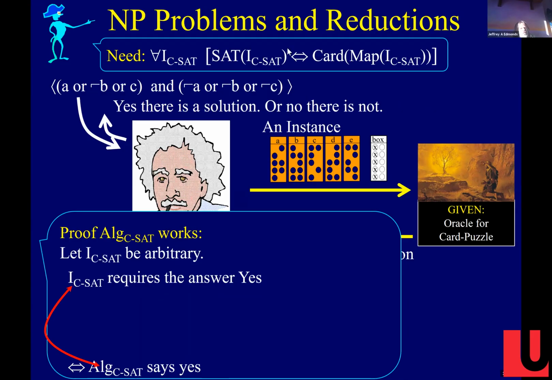You can imagine I could do a reduction where I take my bunch of clauses and map them to some really silly set of cards that are always satisfiable. They have no holes whatsoever. Now, did I prove anything? Well, clearly not. I didn't do anything smart, but the cards would be satisfiable, because I always give satisfiable cards.